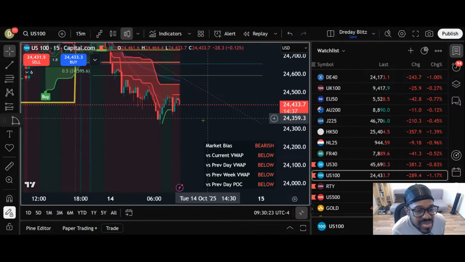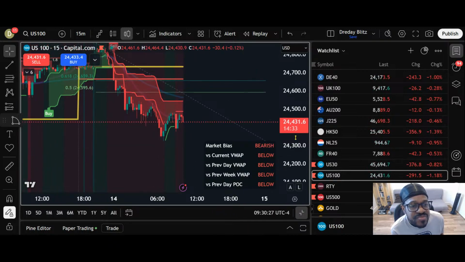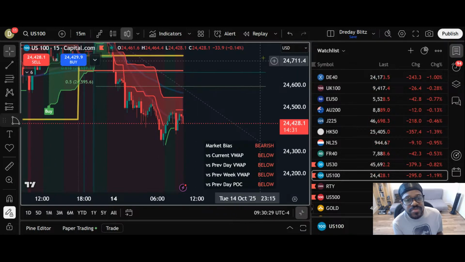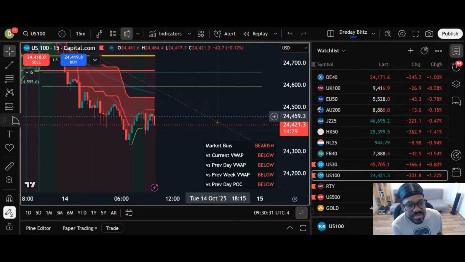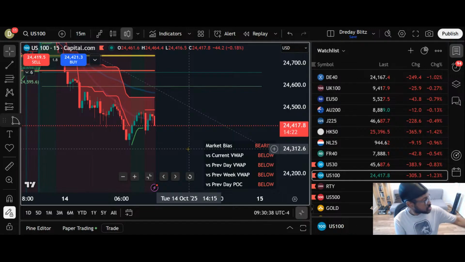Swing low is right here. Yeah, that's perfect. So we'll see exactly if it wants to go to 50 or 61.8. It's 9:30, so the market just started.